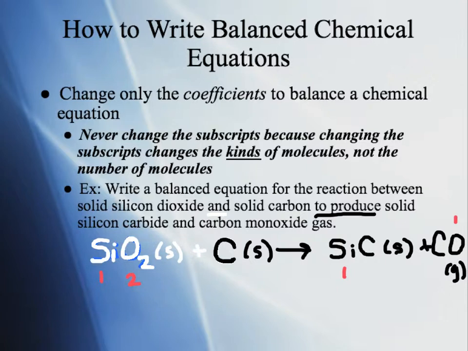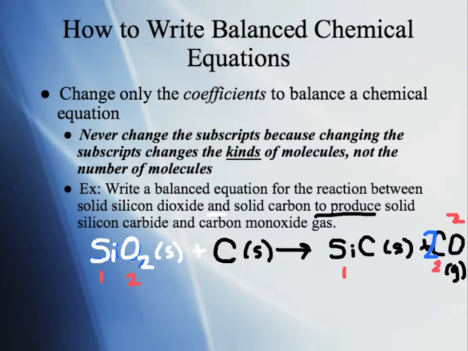So in order to balance that or make them equal, since we have 2 on the left and only 1 on the right, what we'll do is put a 2 out front of the carbon monoxide. That coefficient is always multiplied to each of the atoms in the molecule that it's in front of. So the 2 means that now there are 2 oxygen atoms to balance out the left, but there are also 2 carbon atoms as well.